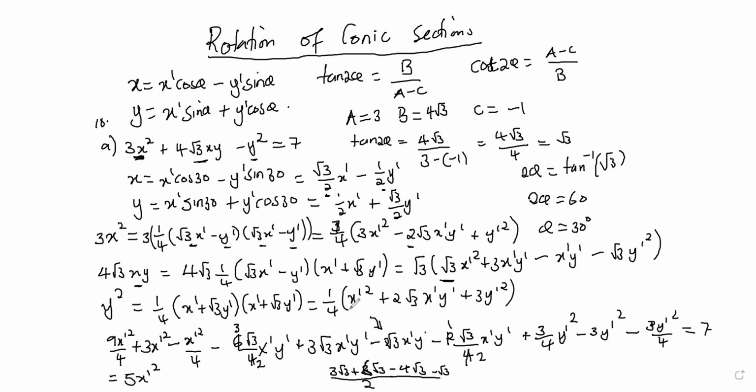So the mid one was giving us 3 root 3 minus root 3 x prime. Okay, so this guy is not 2 actually, it's just root 3. Okay, let me remove this, we'll redo it.